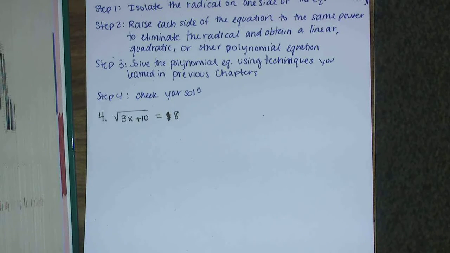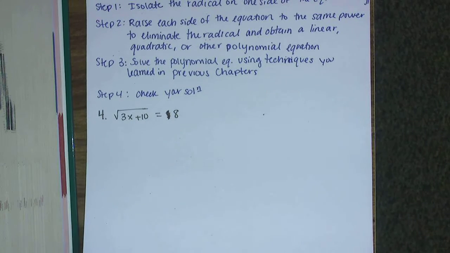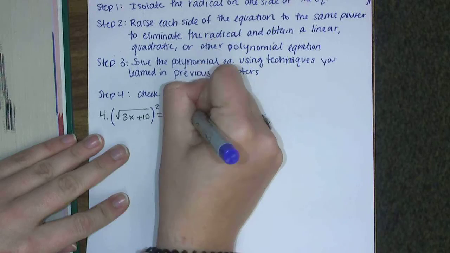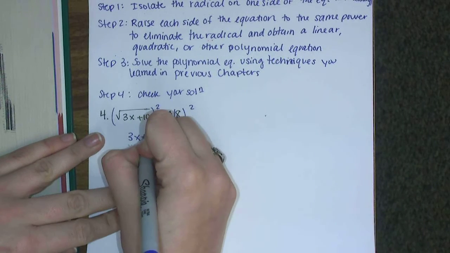Y'all are pretty familiar with that. You might not be as familiar with it when you have a square root, cube root, something like that. But basically, if I'm taking the square root of something, to get rid of it, I got to square it. So, I square both sides, giving me, over here, 3x plus 10 is equal to 8 squared, which is 64.